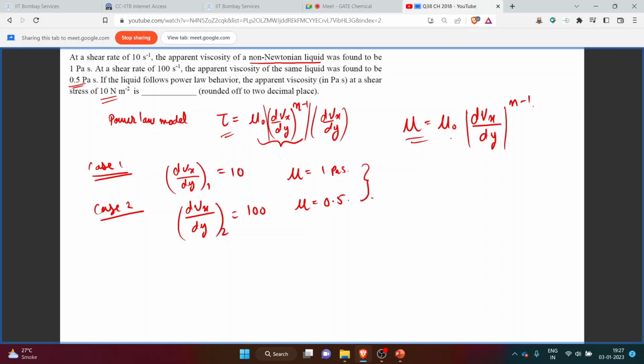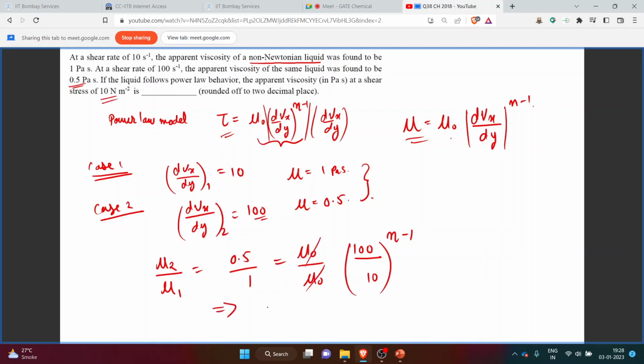So for that, we can write the relation between the apparent viscosities as, let's say, mu2 upon mu1 is equal to 0.5 upon 1, is equal to mu naught upon mu naught, that is the same, times dvx by dvy for the second case, which was 100, and for the first case it is 10, raised to n minus 1. This will get cancelled out.